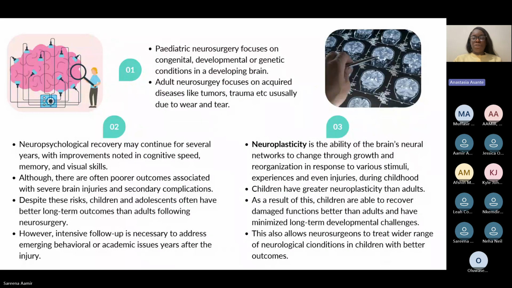And children have a greater neuroplasticity than adults. Because of this, children are able to recover much better than adults and have minimized long-term development challenges. This also allows neurosurgeons to treat a wider range of neurological conditions in children with better outcomes.